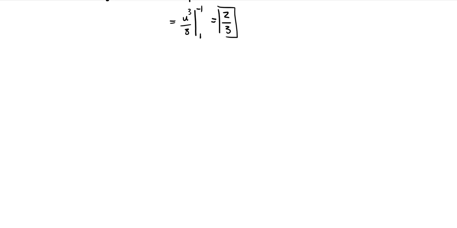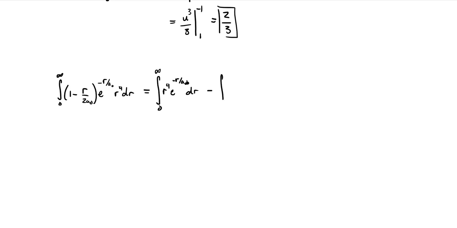That r integral is just the integral from 0 to infinity of 1 minus r over 2 a naught, e to the negative r over a naught, r to the 4 dr. Splitting it up, it's the integral from 0 to infinity of r to the 4 e to the negative r over a naught dr, minus the integral from 0 to infinity of r to the 5 over 2 a naught, e to the negative r over a naught dr. We can look up these integrals.